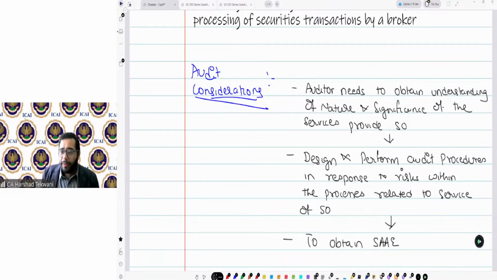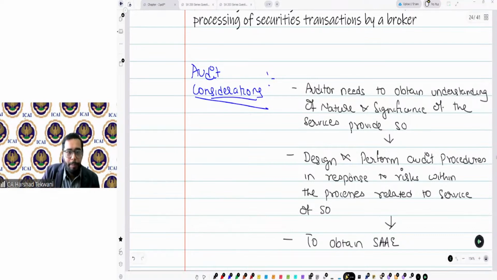Now the question comes again on one point: we need to obtain understanding of the nature and significance of the service provided by the service organization.